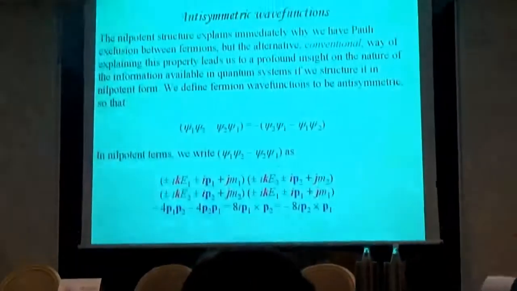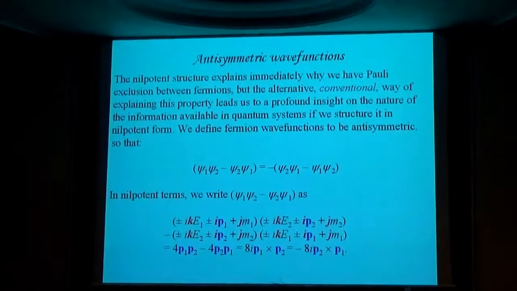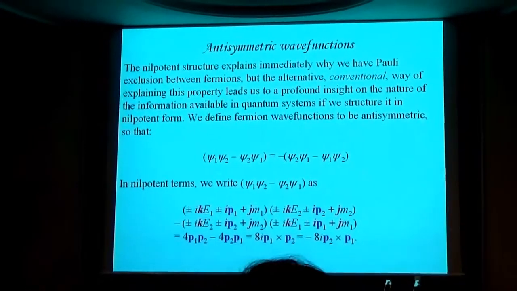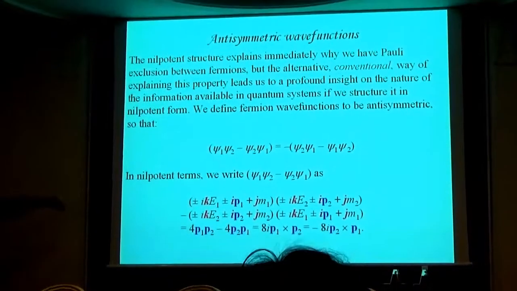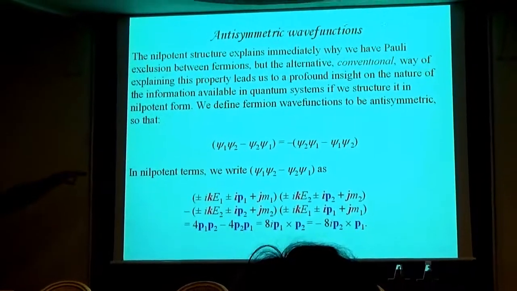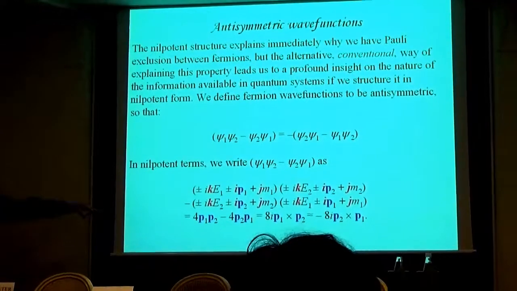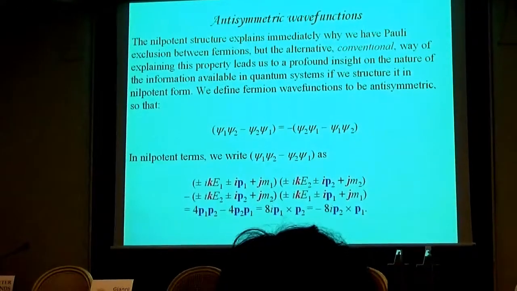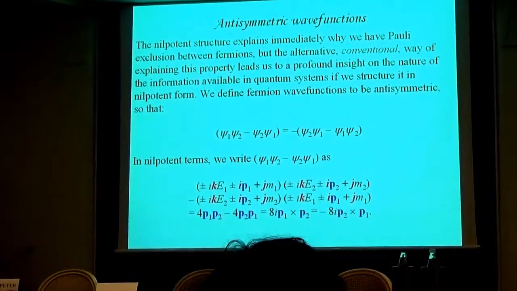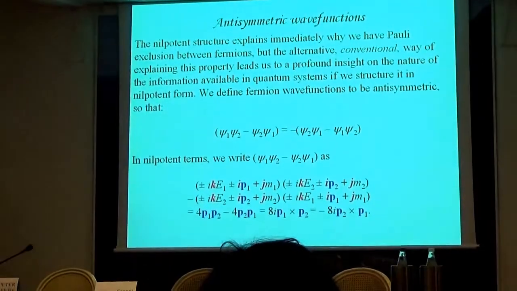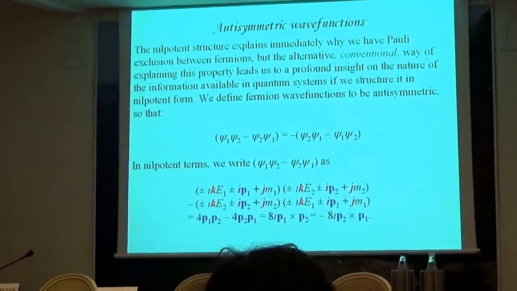But let's have a look at another way of doing Pauli exclusion. This is the conventional way of doing Pauli exclusion, antisymmetric wave functions. If I just do antisymmetric wave functions for 2 wave functions, and then I try to work it out using these objects, I suddenly find I'm left with P2 cross P1, which is antisymmetric, certainly, but it's also the only information that's there.